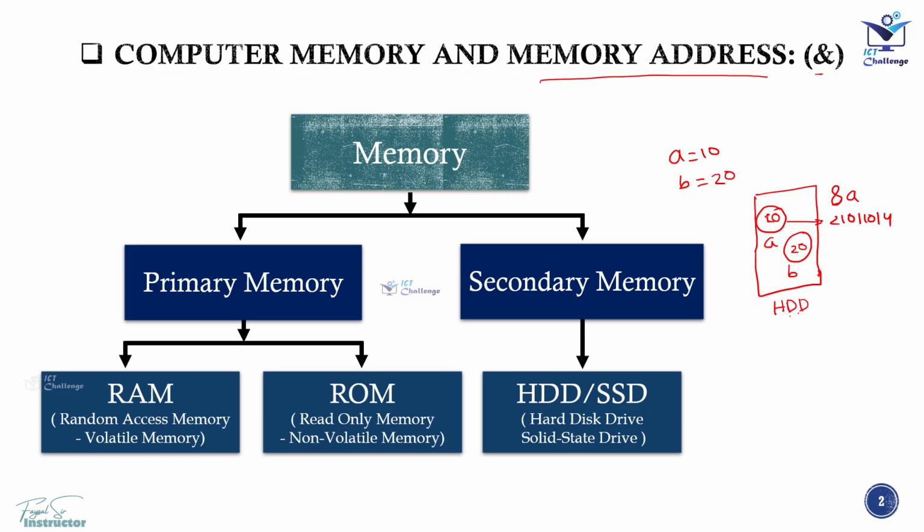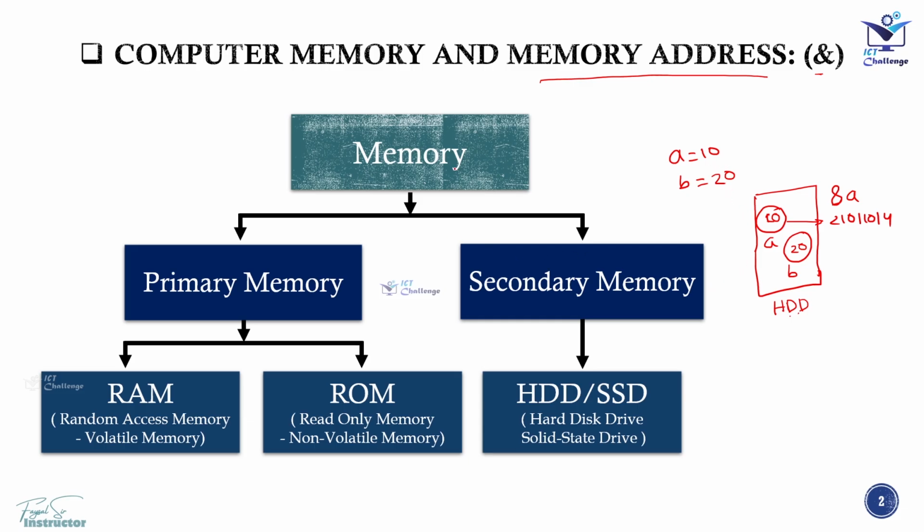In this location the data is 10, and in this location the data is 20. So the memory address indicates where the variable is located, and inside this location we keep many kinds of data.